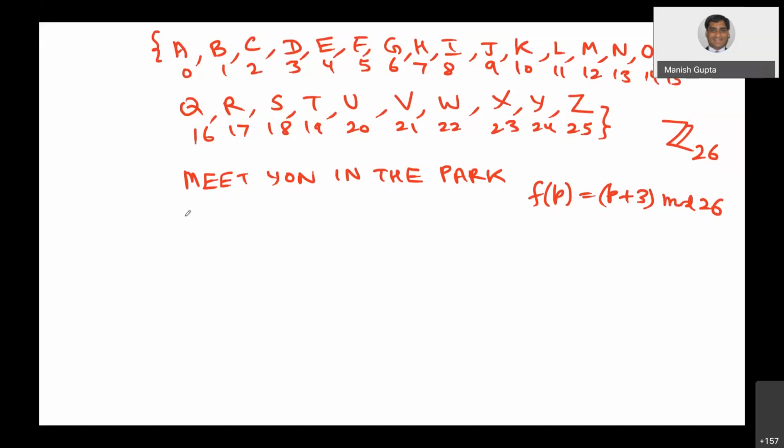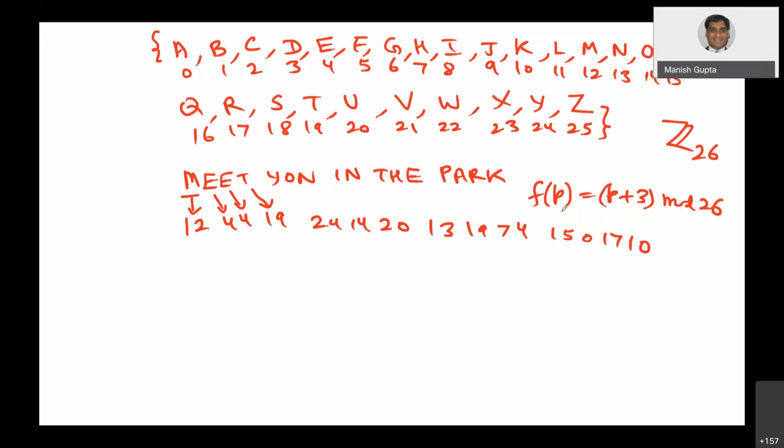First I write down the numbers as they are: 12, 4, 4, 19, 24, 14, 20, 13, 19, 7, 4, 15, 0, 17, 10. M is 12, E is 4, T is 19, and like that I am assigning all the numbers.